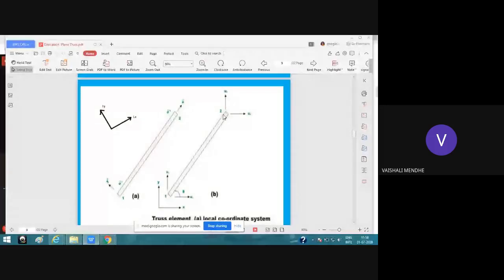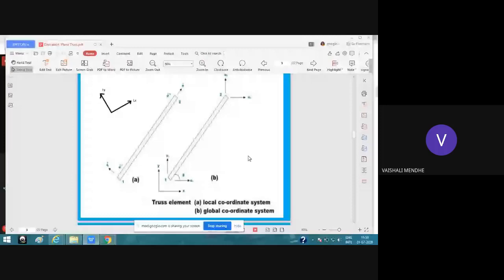So in the global coordinate system, there will be 4 displacement components for each member, shown along global X and global Y direction. You see this reference, this X and Y axis.